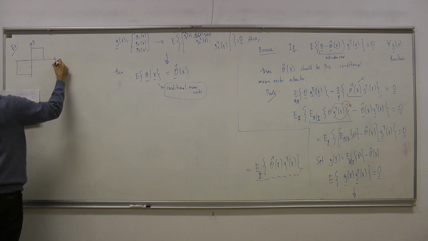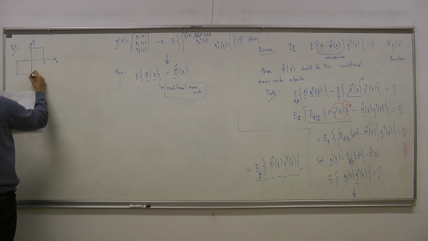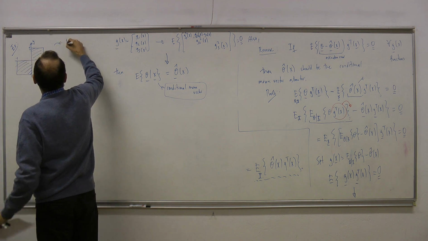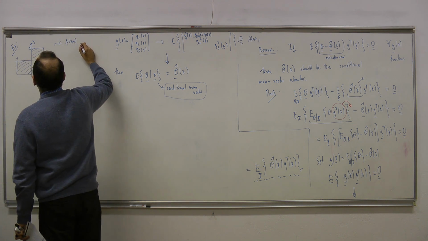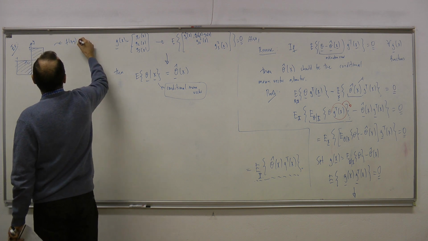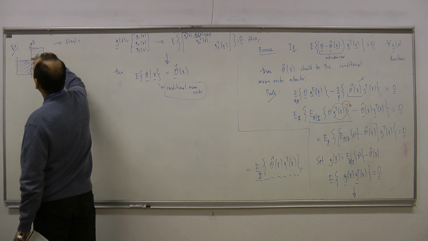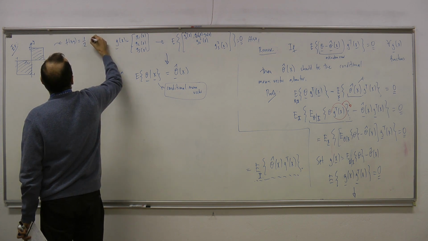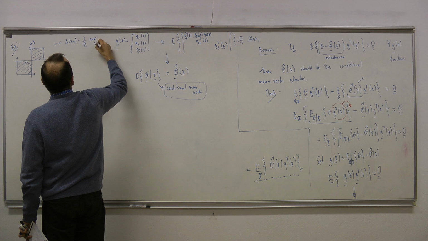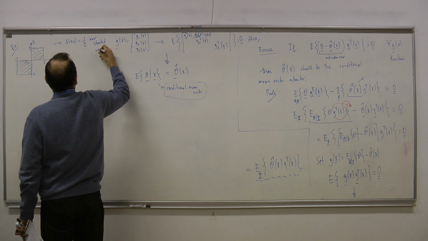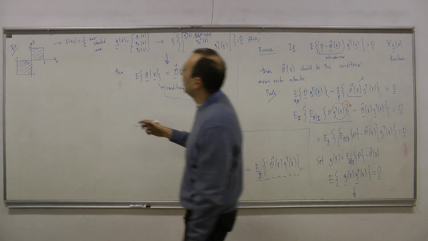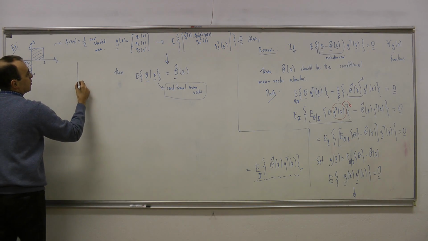So this is y, this is x, with marks at 1, 1, minus 1, minus 1. The joint density f of x y is, let's say this area is 1, this area is 1, so this is 1 over 2 over the shaded area. So this is uniform over the shaded area, isn't it?